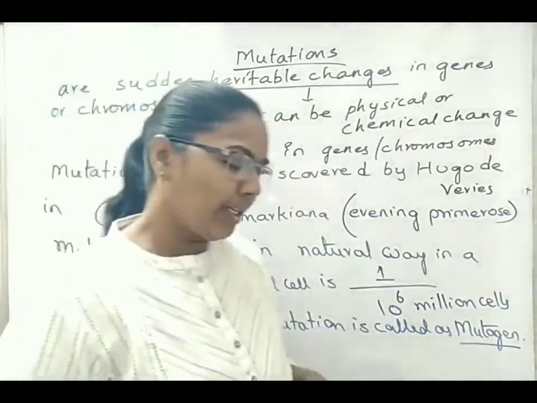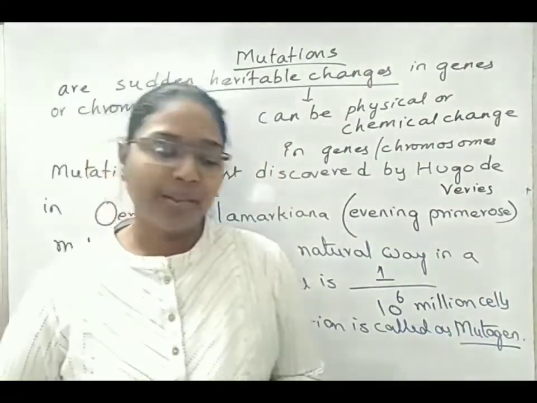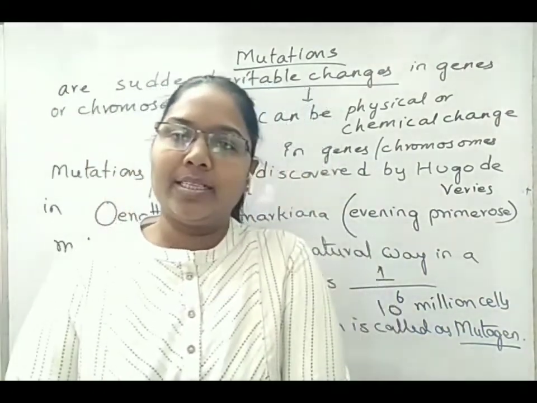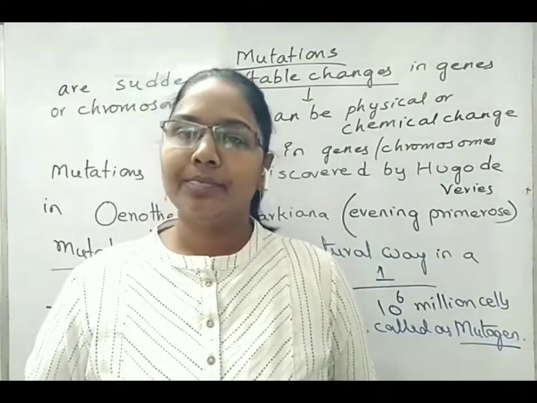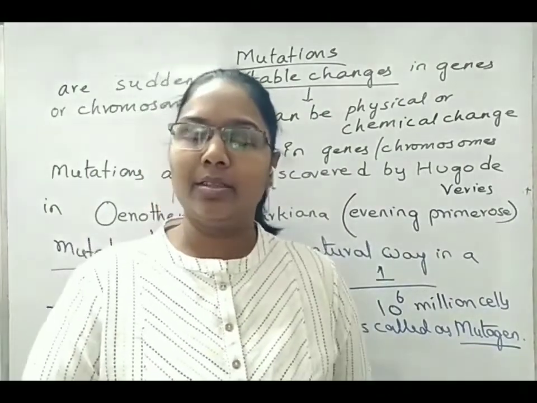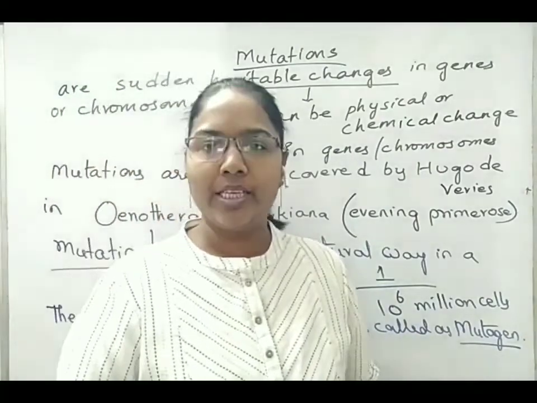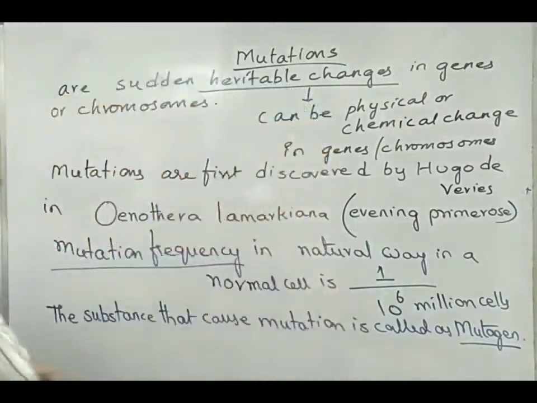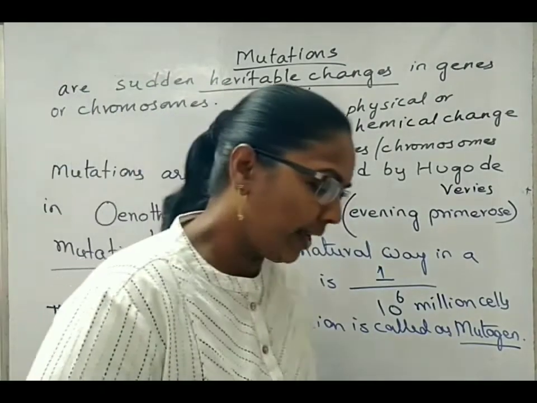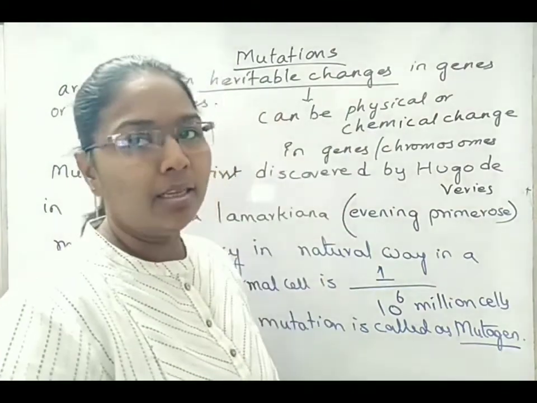Under chemical mutagens, we can see some of the chemicals. Under physical mutagens, we can see some of the radiations, such as X-rays or gamma rays or alpha rays, etc. That also causes mutations. We'll see some examples of those chemicals and the physical mutagens that are causing mutations.